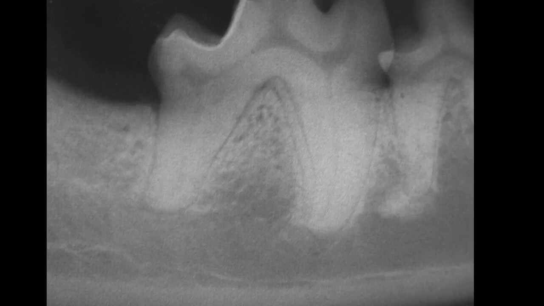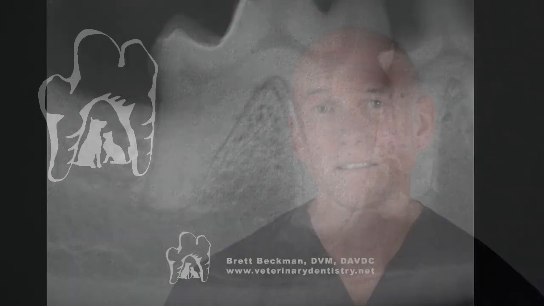We certainly want to follow the periapical area to make sure that we didn't have any endodontic disease. It just wasn't showing up radiographically yet. So every time we get this patient back for at least a year or two, we're going to pay more attention to that to make sure that there's no changes there that would suggest a problem. And this guy obviously did fine for that period of time.